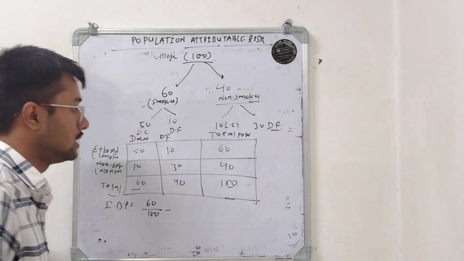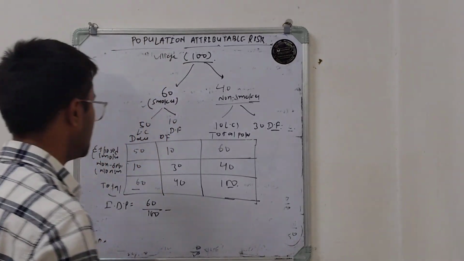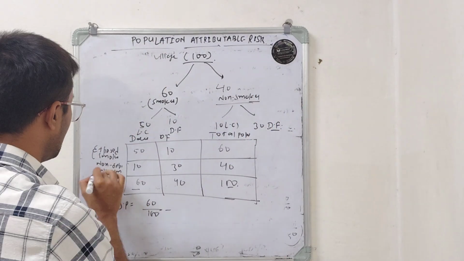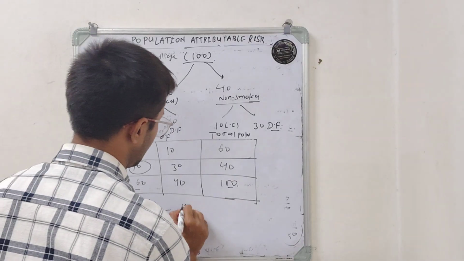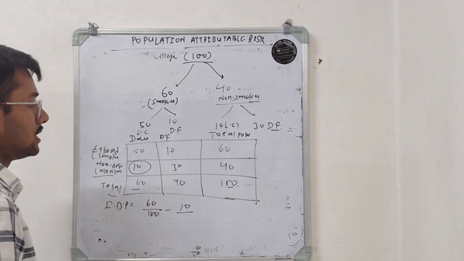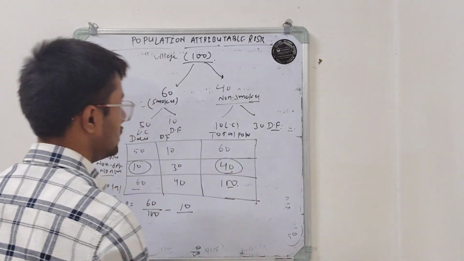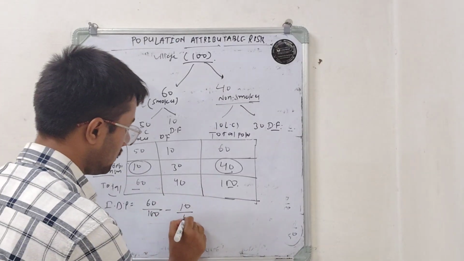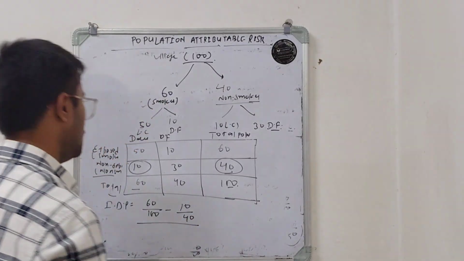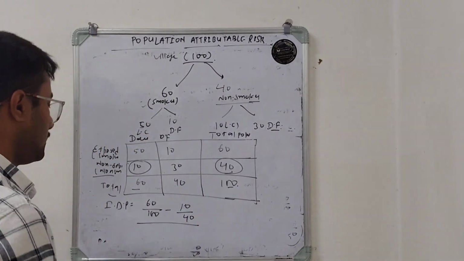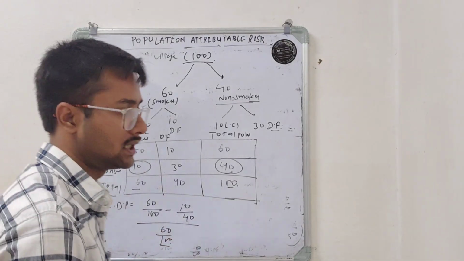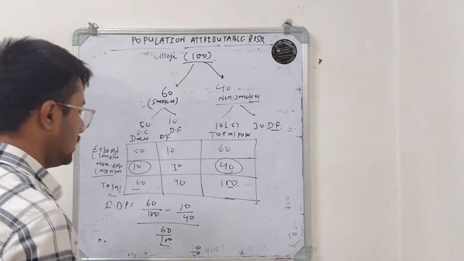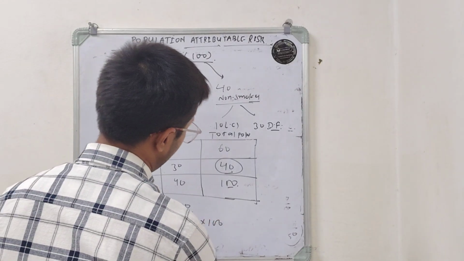In the non-exposed population, how many of them develop disease? Only 10 develop disease. And what is the total value of the non-exposed population? That is 40. Then divided by again 60 by 100, that is the incidence of disease in the population, multiplied by 100.